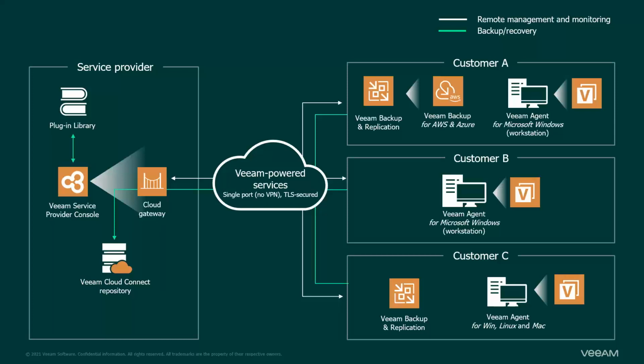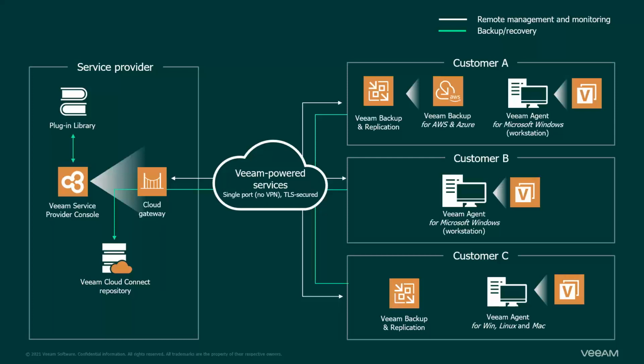In version 5, we have introduced Veeam Agent for Mac, and Veeam Service Provider Console supports now Veeam Agent for Linux, Windows, and Mac OS. As far as you know, we use TLS secure connection for all these workloads to distribute agents or to manage Veeam Backup and Replication or to manage licensing.